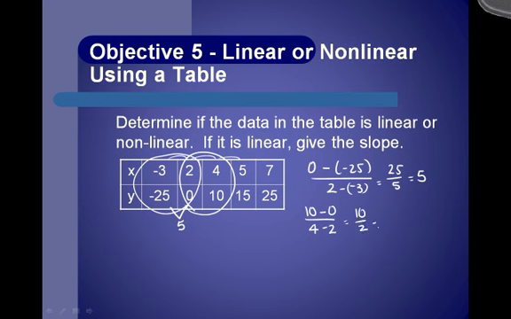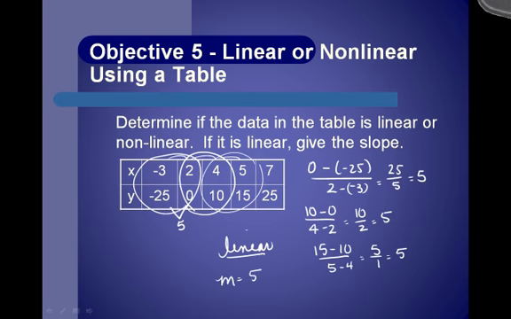That one is 10 over 2, which is also 5. Looking at the next one, we would have 15 minus 10 over 5 minus 4, which would give us 5 over 1, so the slope is 5. We could do that throughout, and we could also graph it, but I would say that this one is linear and the slope of the line would be 5.